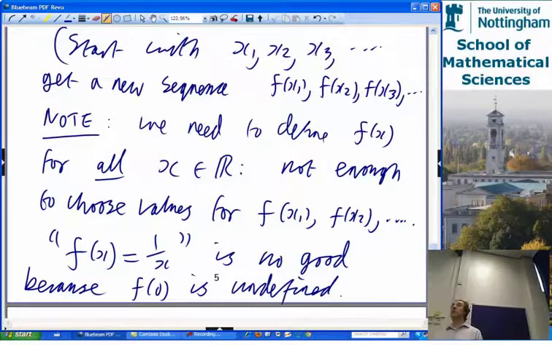That was the most common error in the exam when I set this. Most people went for the function 1 over x and then took the sequence to be n, and then said 1 over n tended to 0. And that was fine as far as it went, but unfortunately 1 over x isn't a continuous function from R to R, because it's not even defined at 0.